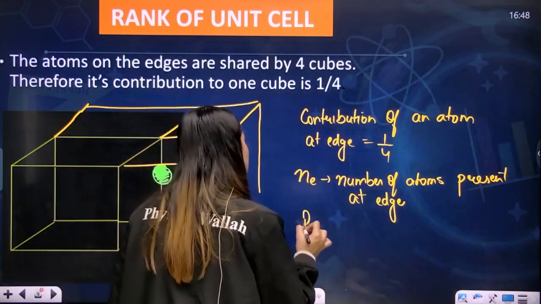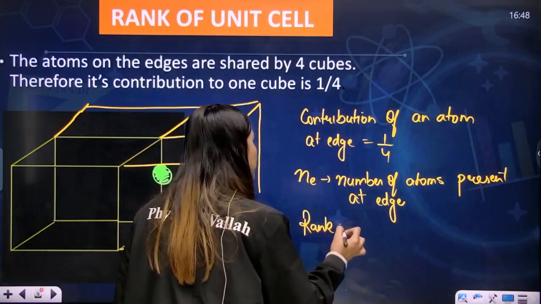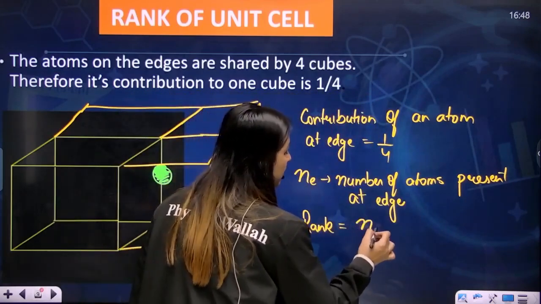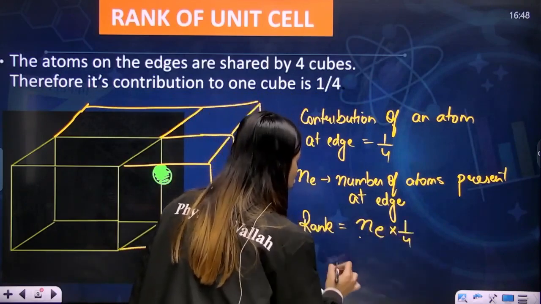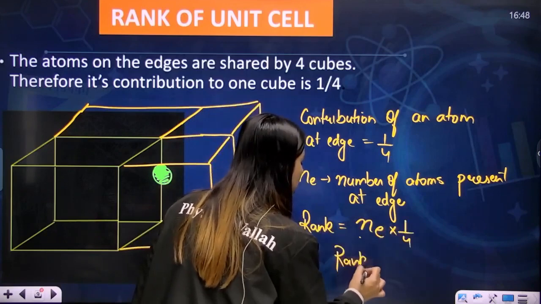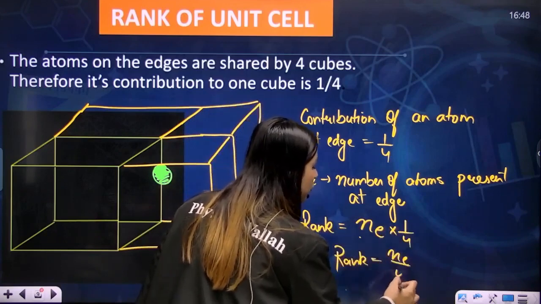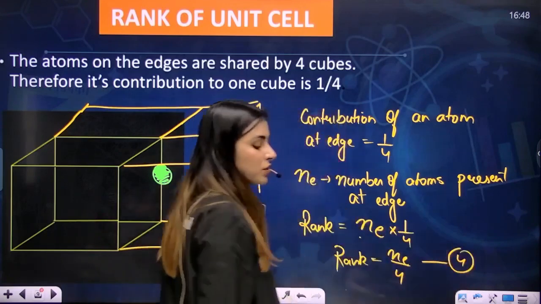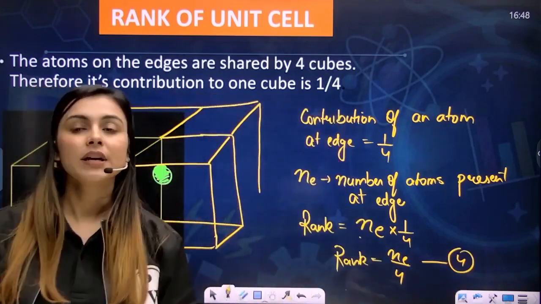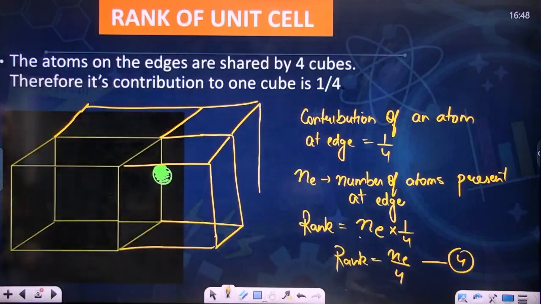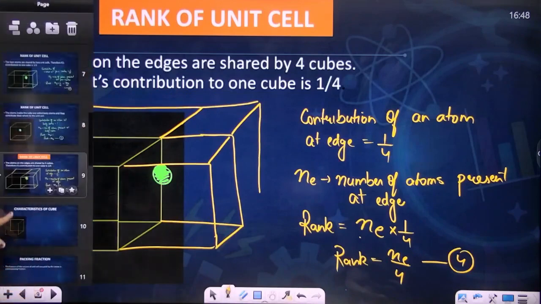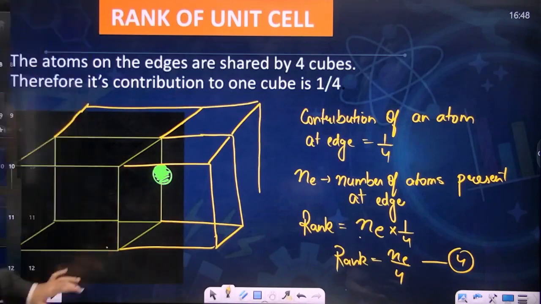So the rank will be equal to Ne into 1/4, so the rank will be Ne/4. Let's call it our fourth equation. I hope you're clear with this. Perfect, my dear students. You can pause the video and write it and draw it as well. I hope you've written it, right?